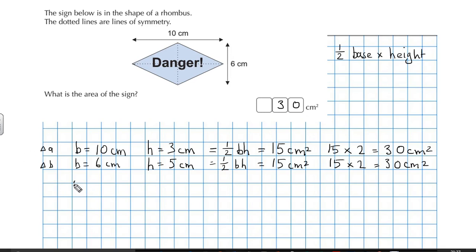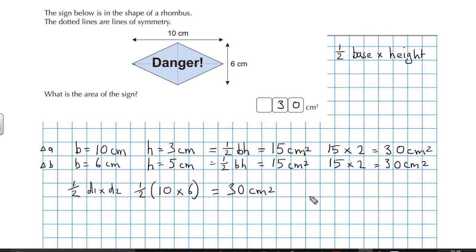So it's half of diagonal 1 times diagonal 2. Okay, so that would be 10 times 6, and we want half of that. What's 10 times 6? That's 60. What's half of that? Well, it's 30 centimeters squared. And you see, same answer.